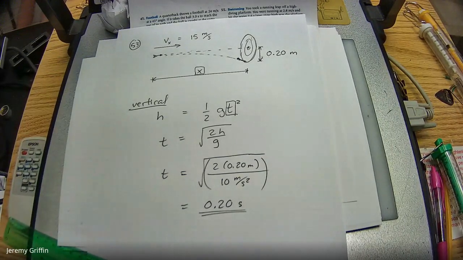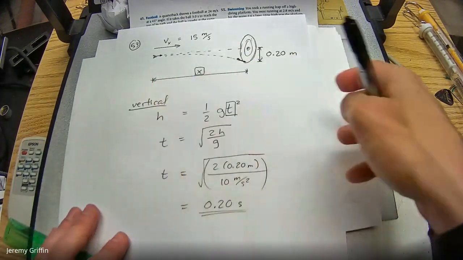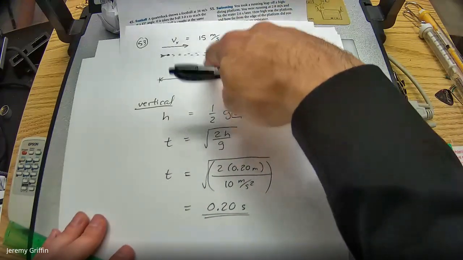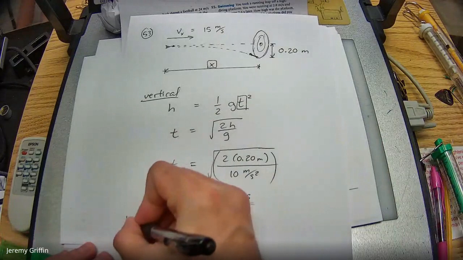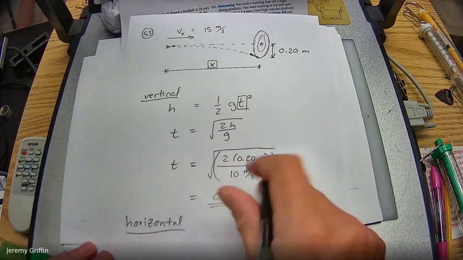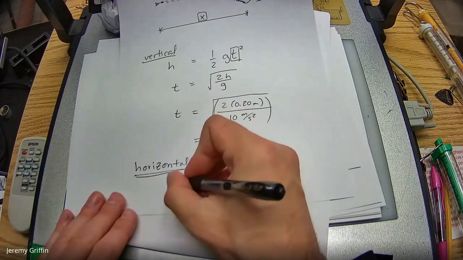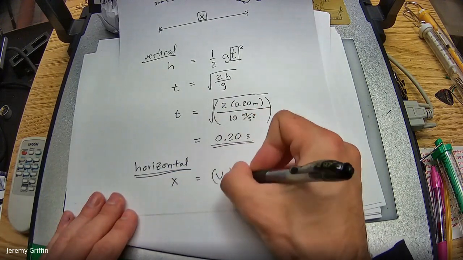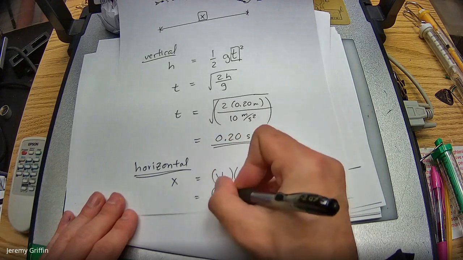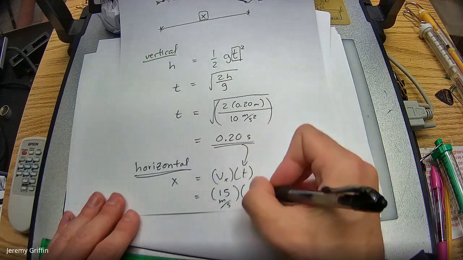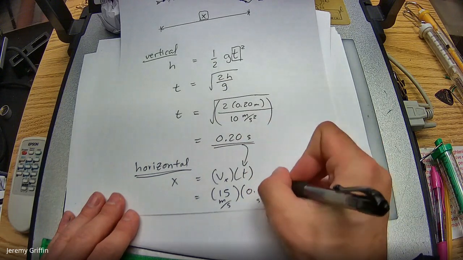Okay. So now if you want to figure out how far away this guy is from the dartboard, what you want to do is say, x equals v times t. So we're going to switch over to look horizontal, and say how far this guy was standing is equal to the throwing speed times the time, which is 15 meters per second for this time right here, 0.20 seconds.